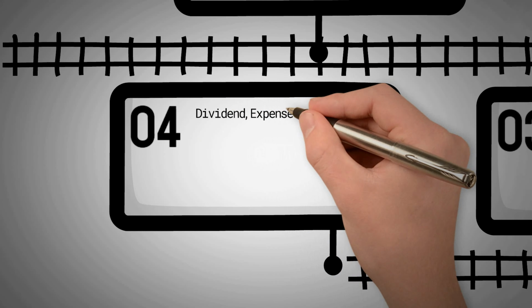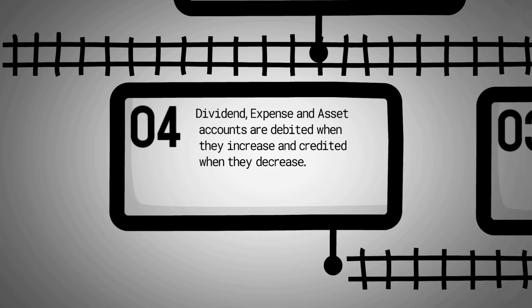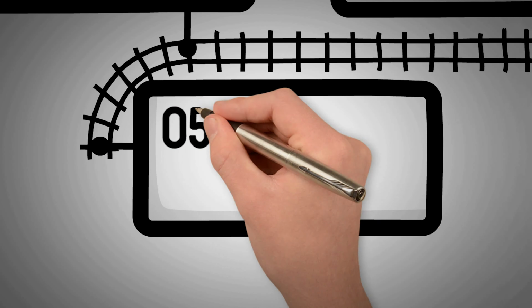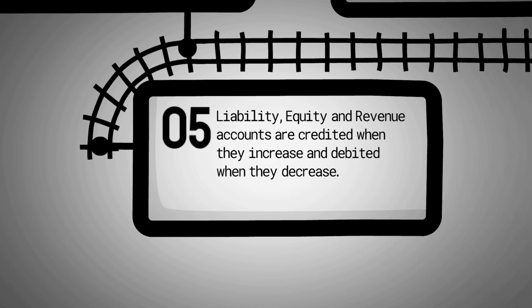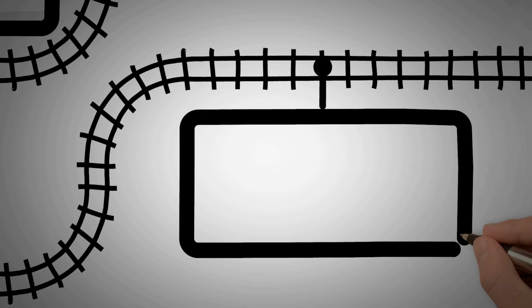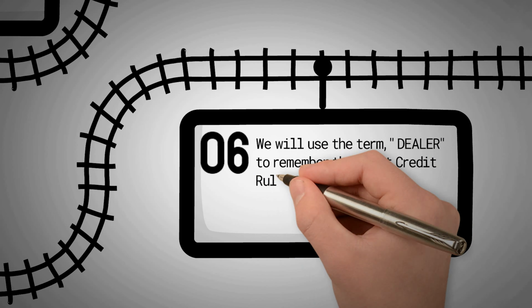Dividend, expense and asset accounts are debited when they increase, credited when they decrease. Liability, equity, and revenue accounts are credited when they increase and debited when they decrease. In order to remember the debit credit rule, we will use the term DEALER.